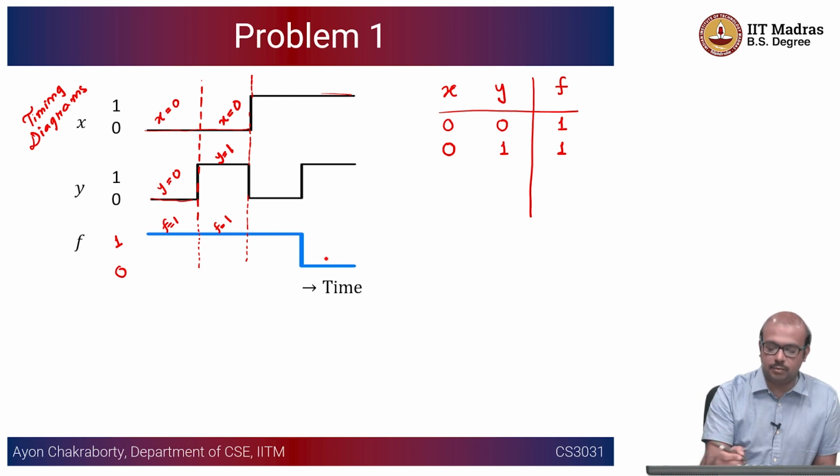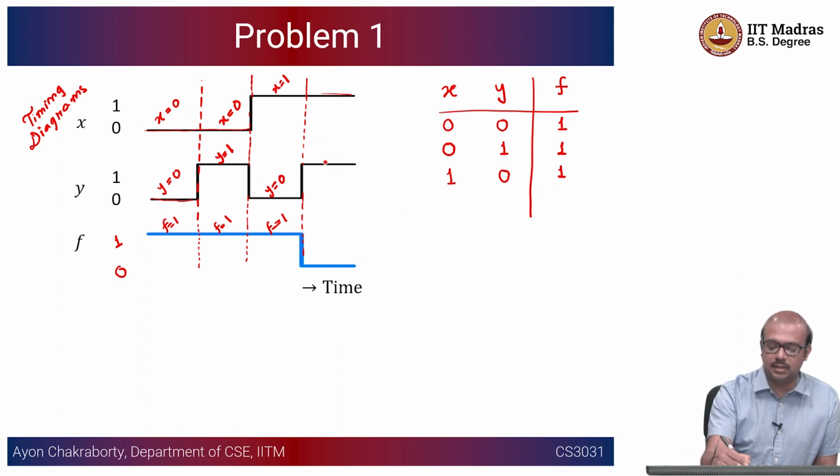So the next one, again the output did not change, but the input has changed, right? Y has become 0 now and x has become 1 now, okay. So x has become 1, so 1 and 0. The output, as you can see, is still stuck at 1, okay.